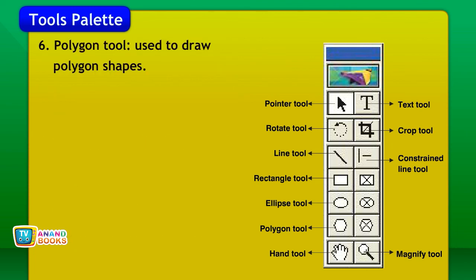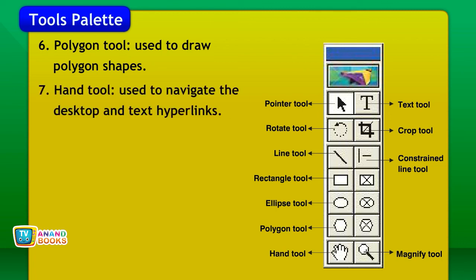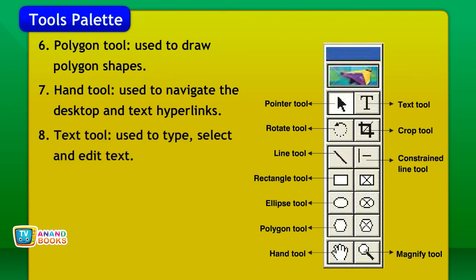6. Polygon tool. Used to draw polygon shapes. 7. Hand tool. Used to navigate the document and text hyperlinks. 8. Text tool. Used to type, select and edit text. 9. Crop tool.